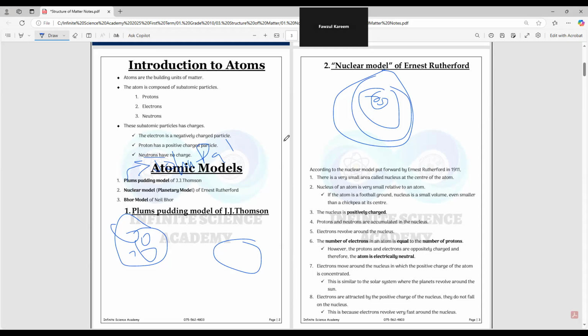So we don't study the second unit in the Zoom class? Yes. Unit number 1 I completed.